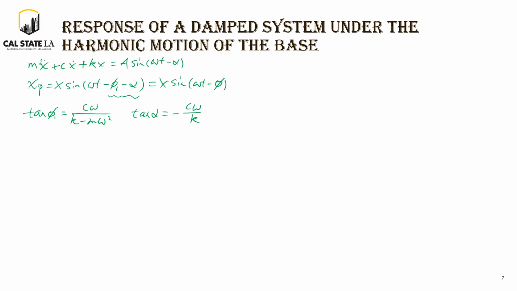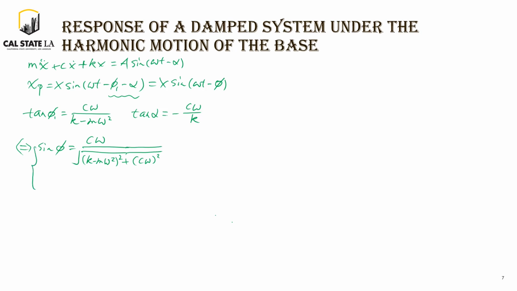From here, sine phi 1 is equal to c omega over this long term, the square root of k minus m omega squared, squared plus c omega squared.